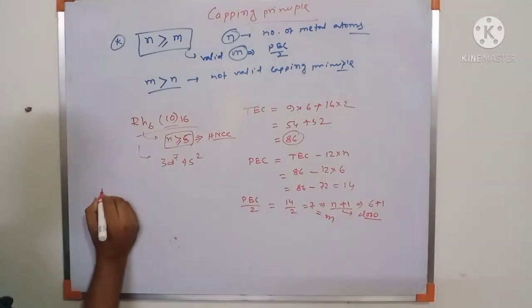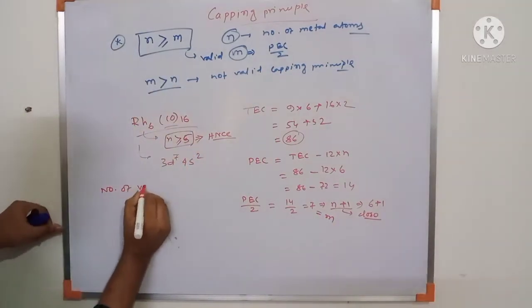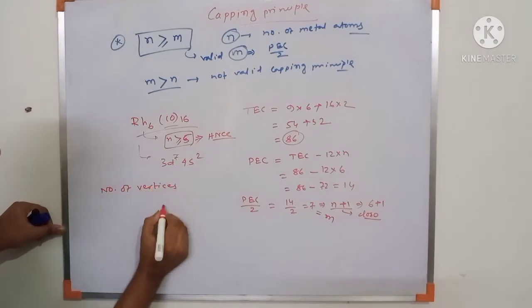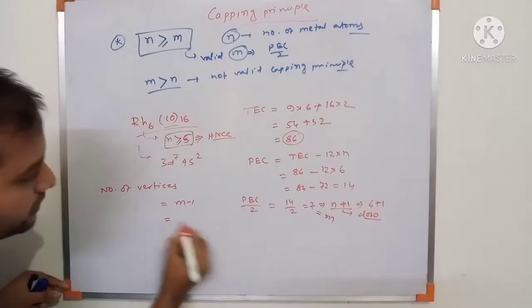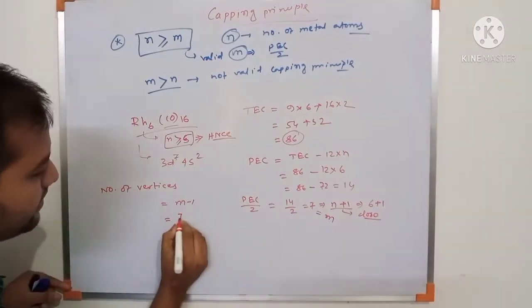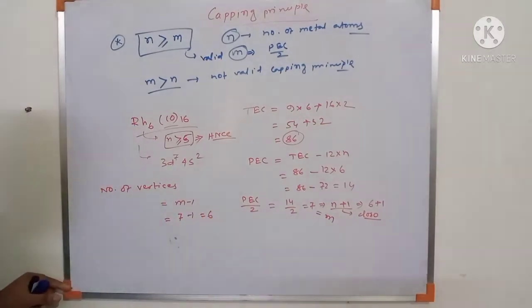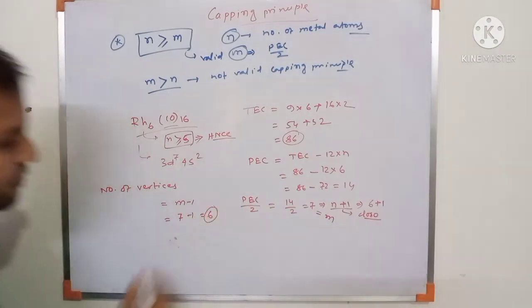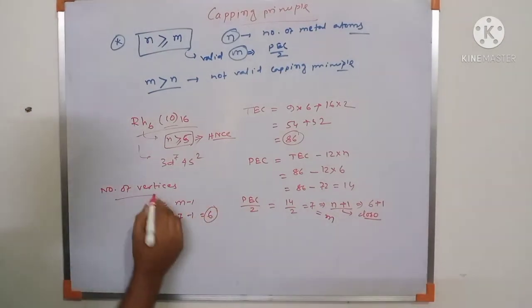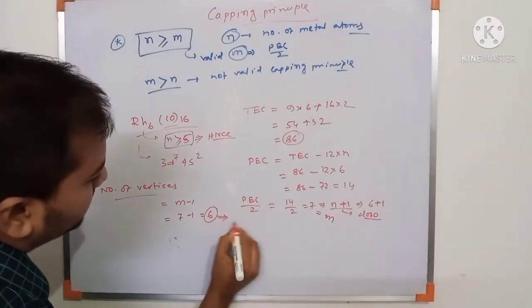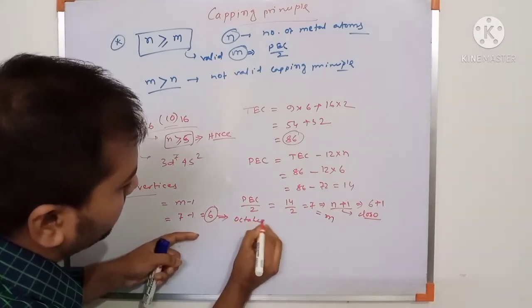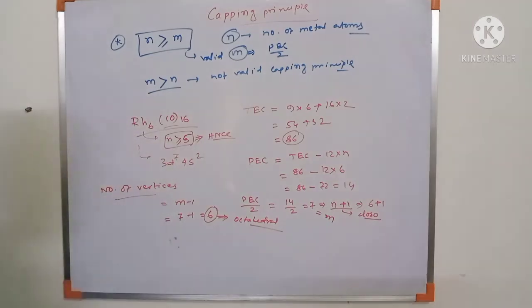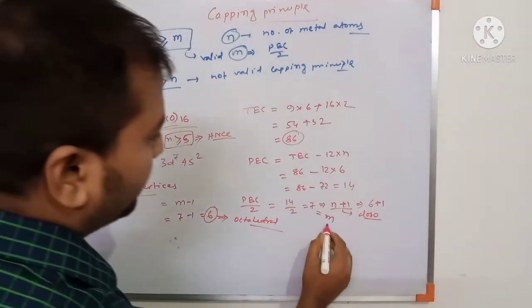For the number of vertices calculation, we know this is M minus 1. M is 7, so 7 minus 1 equal to 6. So the number of vertices is 6, and this is octahedral geometry. But is the capping principle valid or not?